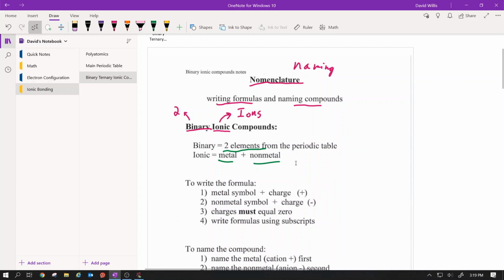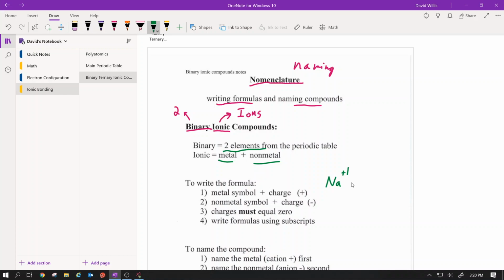So if we take our sodium, I'm going to write the metal symbol. Which group was sodium in? The alkali metals, group 1A. So what charge would it have? +1, because it will lose 1 electron to satisfy its octet.